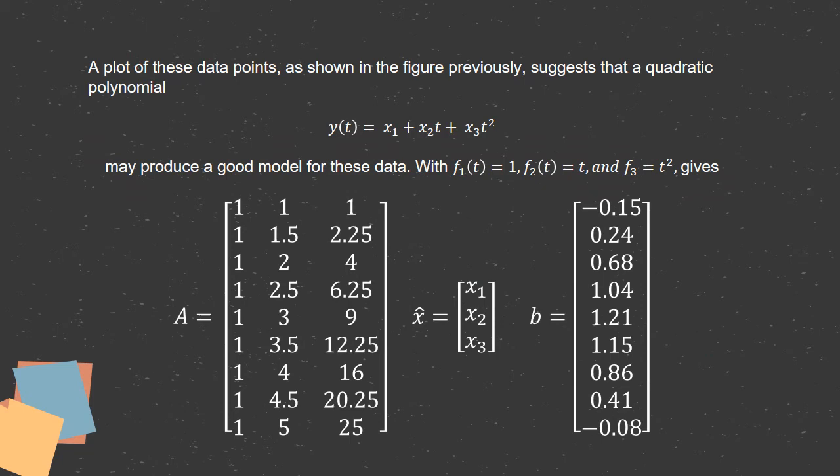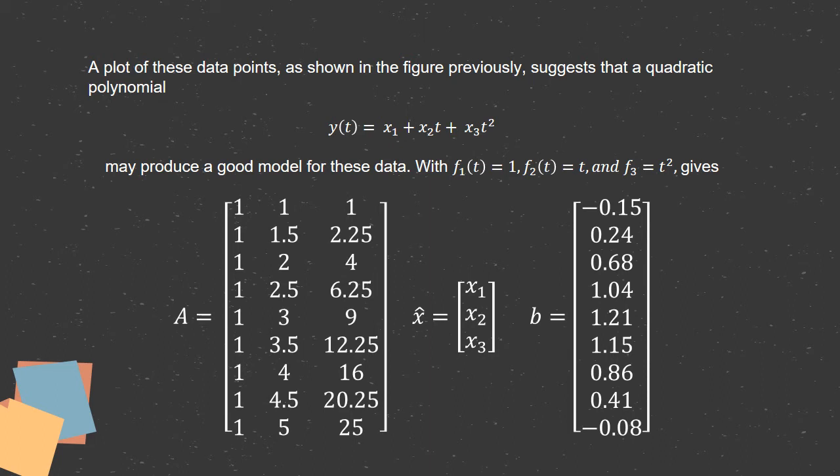A plot of these data points, as shown in the figure previously, suggests that a quadratic polynomial y of t = x sub 1 + x sub 2 t + x sub 3 t squared may produce a good model for this data, with f sub 1 of t = 1, f sub 2 of t = t, and f sub 3 of t = t squared.